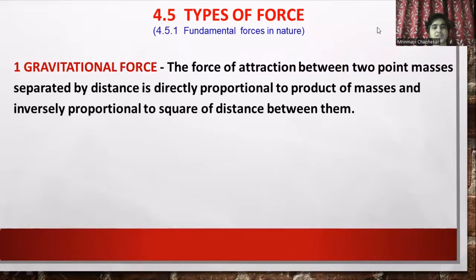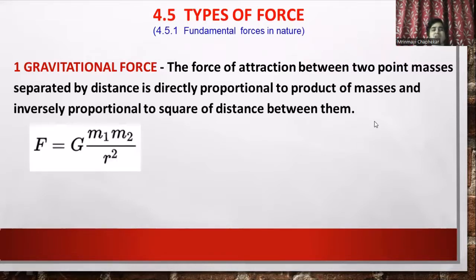The first one is gravitational force. Gravitational force is the force between two masses. The force of attraction between two point masses separated by a distance r is directly proportional to the product of masses and inversely proportional to the square of the distance between them. We have the formula F is equal to G m1 m2 upon r square.